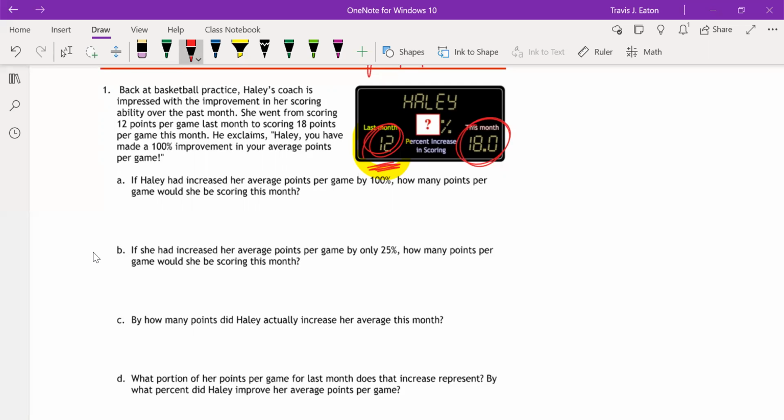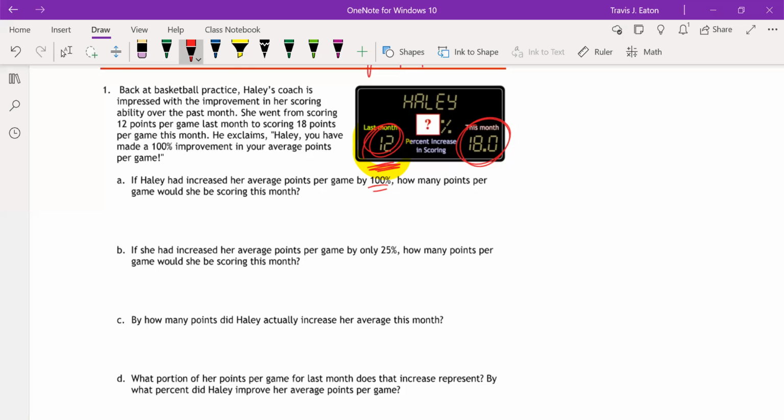Anybody have any ideas about that? I mean, what's 100% of 12, right? Last month she scored 12 points per game. And so what's 100% of 12? Well, isn't it 12? So if she increased her average points per game by this 100%, how many points per game would she be scoring this month?